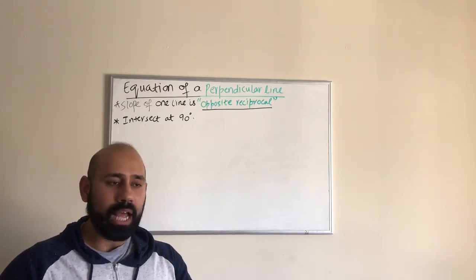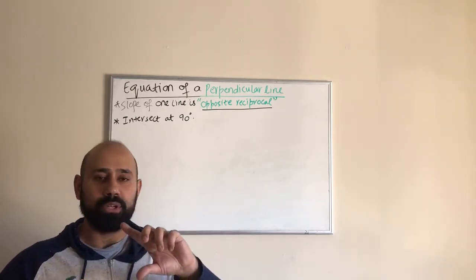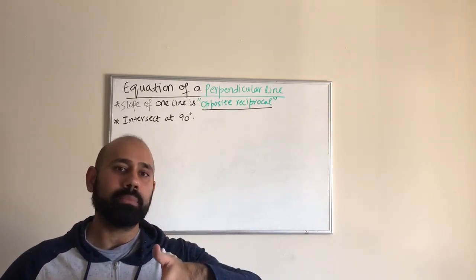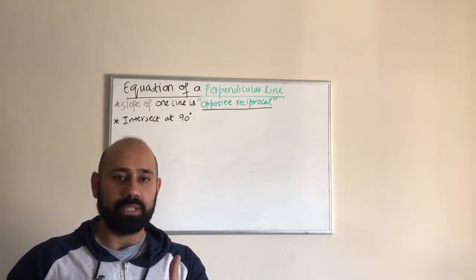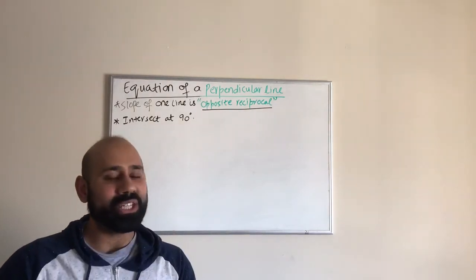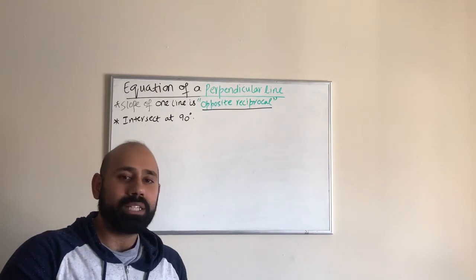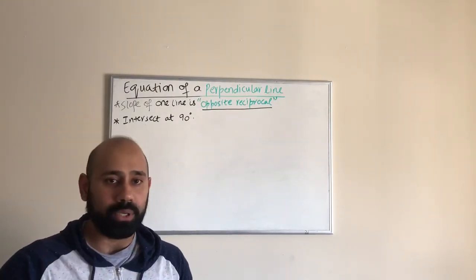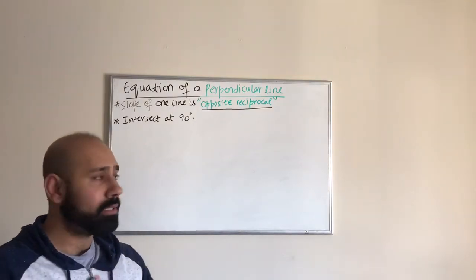The reciprocal has to do with the numerator and the denominator, so you are just flipping it. The numerator becomes the denominator and the denominator becomes the numerator. That is the reciprocal piece. And the opposite has to do with the sign. So if the initial slope is positive, the new slope would be negative, and the other way around. So two key things: opposite, reciprocal.